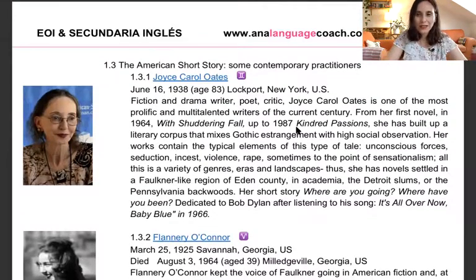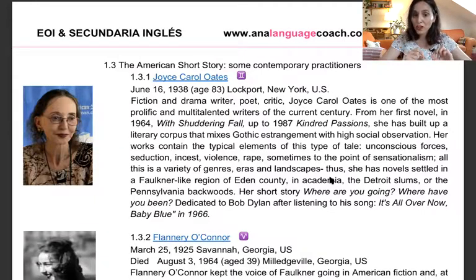Joyce Carol Oates is one of the most prolific and multi-talented writers of the current century. From her first novel in 1964, she was only 26 years old, with With Shuddering Fall, up to 1987, Kindred Passions, she has built up a literary corpus that mixes Gothic estrangement with high social observation.